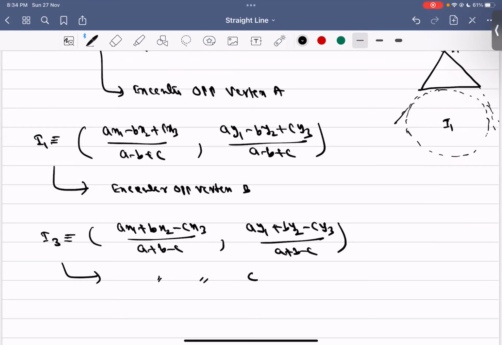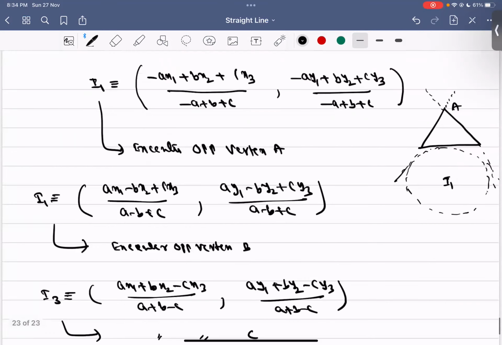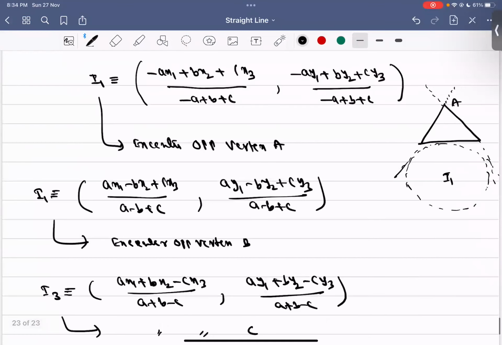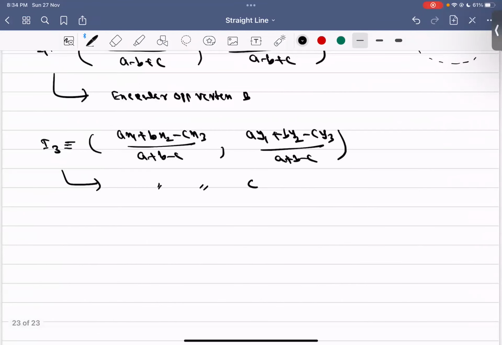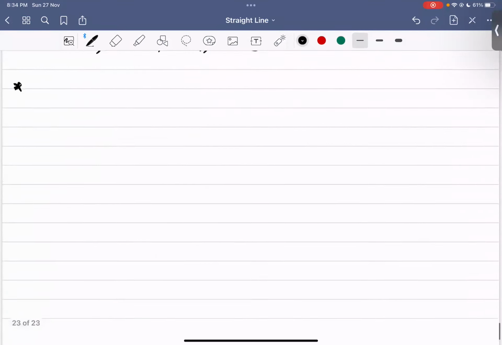So next what I do is memorize all the formulas. I will write all the formulas in one formula, so that it is easy to memorize.